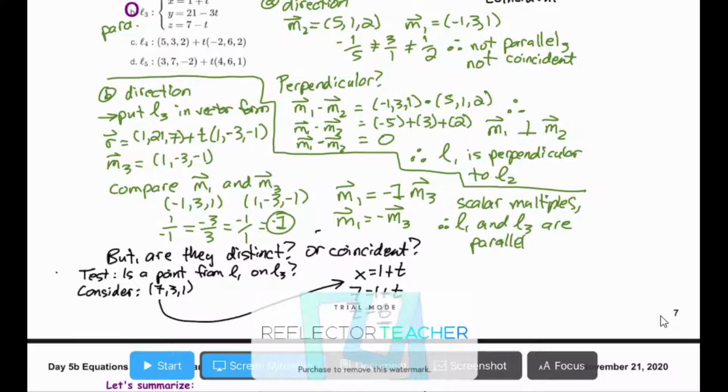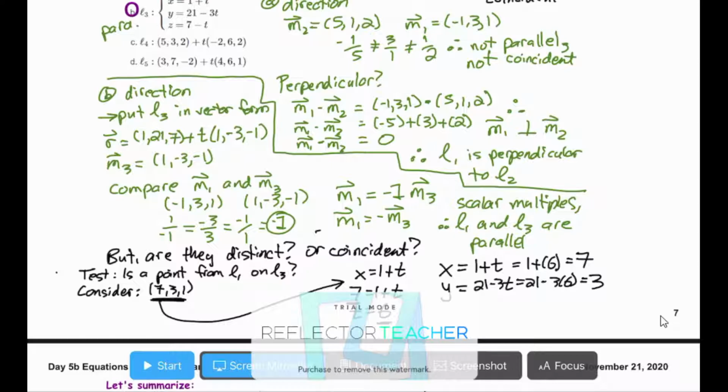So we just said that the x value is 1 plus t. We subbed in 1 plus 6. We get our 7 back out. For our y, y equals 21 minus 3t equals 21 minus 3 times 6. So 21 minus 18 is 3.